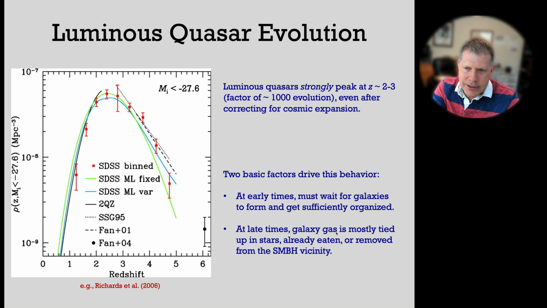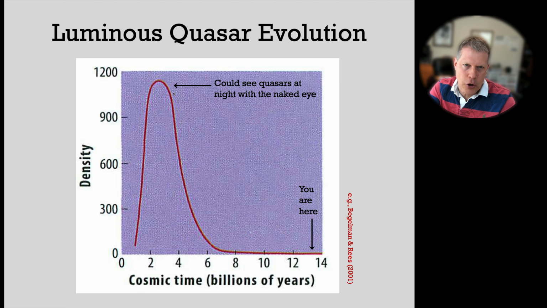Much of the cold gas that we believe was responsible for feeding quasars, as we talked about in the previous lecture on feeding the monster, is now mostly tied up in stars, or it's already been eaten by the black hole, or via some effect it has been removed from the vicinity of the supermassive black hole. That's what drives the late time decline of the quasars.